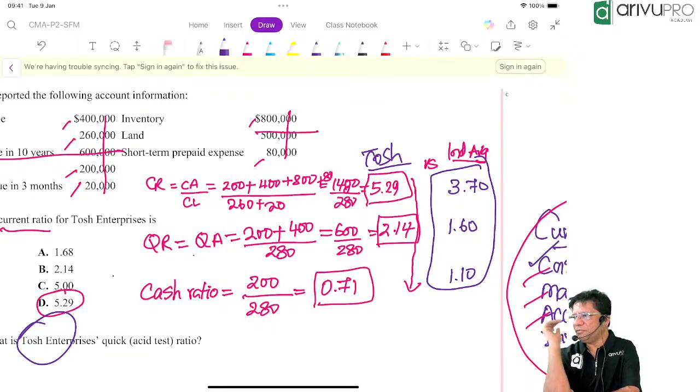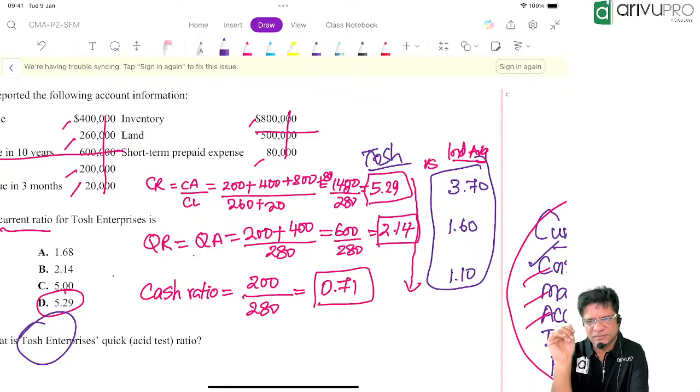My question to all of you. Imagine you are a finance manager. What I said is, if you go from current ratio to cash ratio, the numerator decreases.